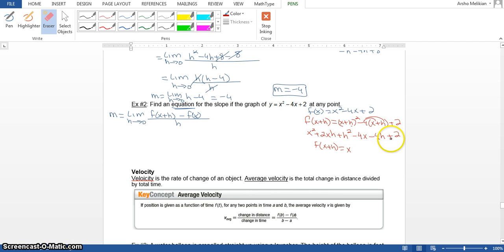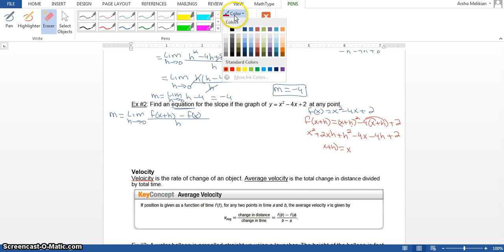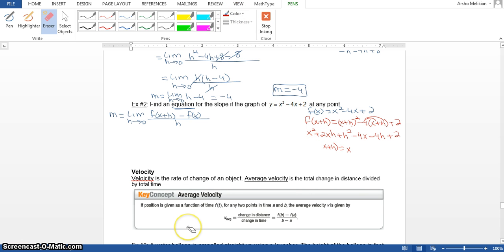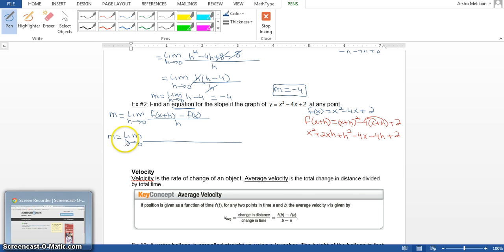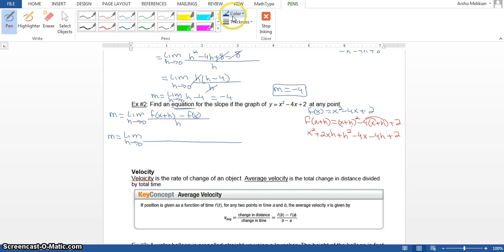So we can just insert that into our formula. So this is the limit as h approaches 0 of f of x plus h. We just found that.